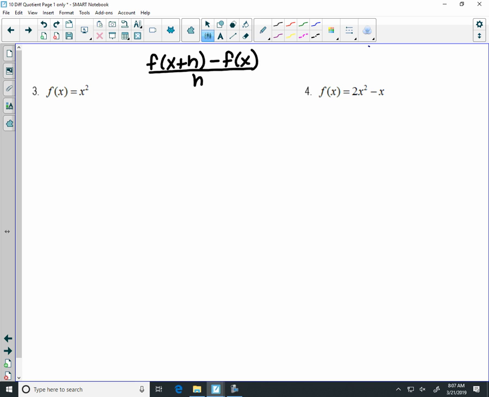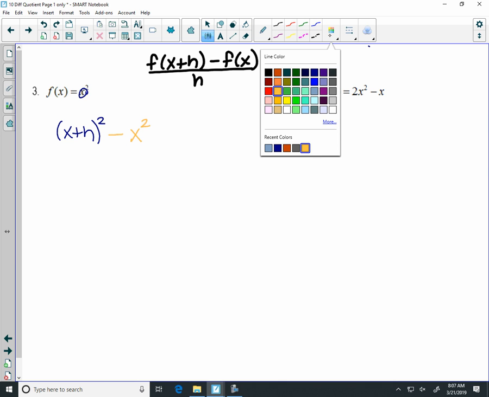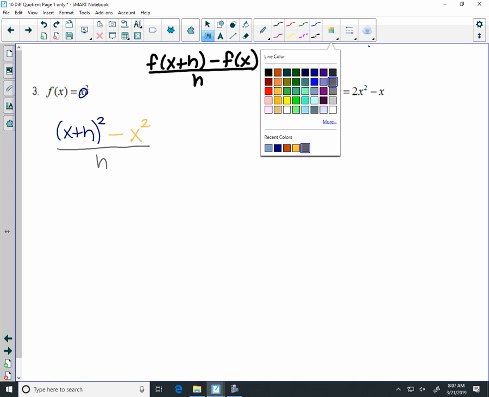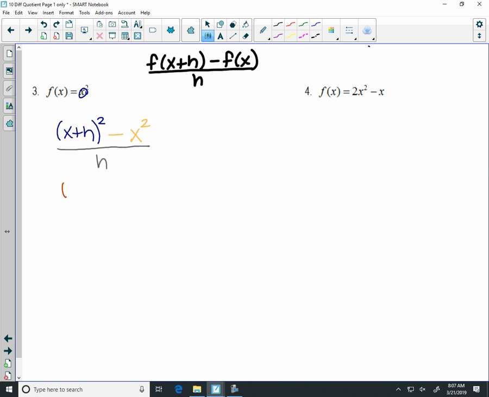So here, f of x plus h is going to look like this. X plus h, that whole thing squared. Minus f of x, which is just x squared, all over h. Again, it's the precision here that you have to be careful with. You can't just square the x and square the h.